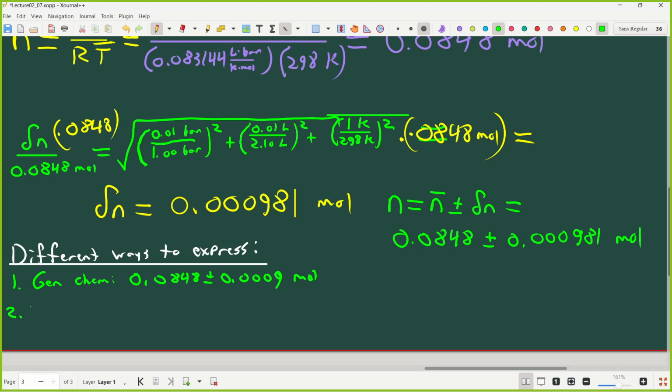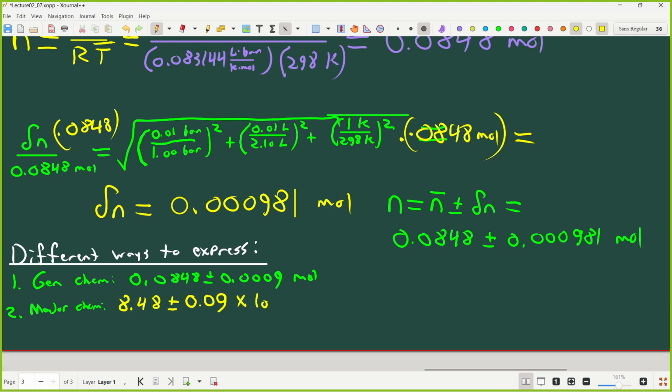Something slightly more elegant, we'll call this majors chemistry, would be to write this in scientific notation. This would be 8.48 plus or minus 0.09 times 10 to the minus 2. We often put it like this. One way to write it.